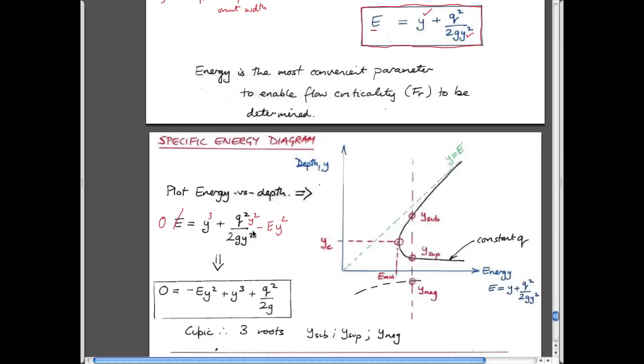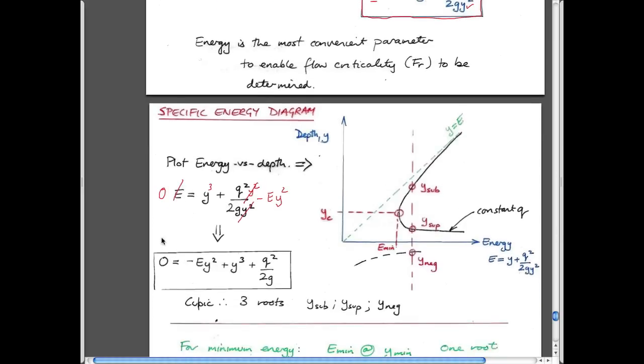And so then we lose this. And the reason for doing that is that now we have a cubic equation: depth cubed, no depth in this term, this is just a constant, and depth squared equals 0. And so that's exactly the expression you see here.